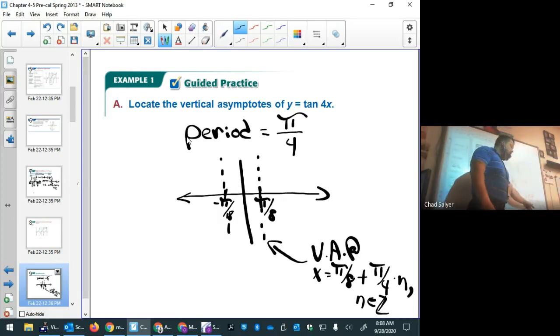So half the period plus the whole period times n, where n is an integer. That's going to describe every asymptote possible. These are kind of tricky. So make sure you give that a little bit of study time before we have the test on Wednesday.